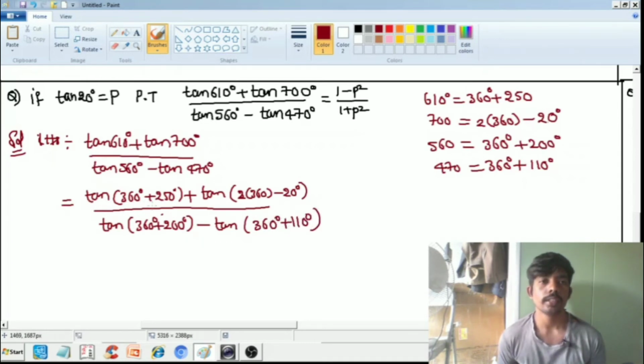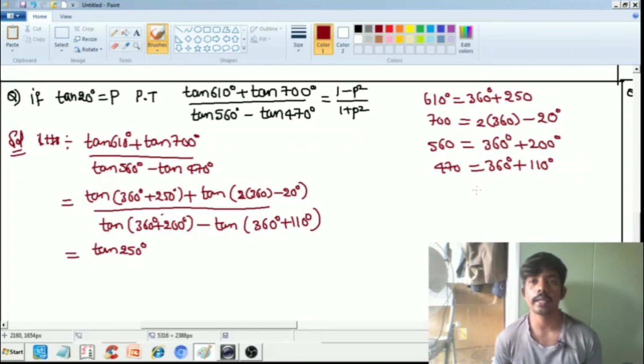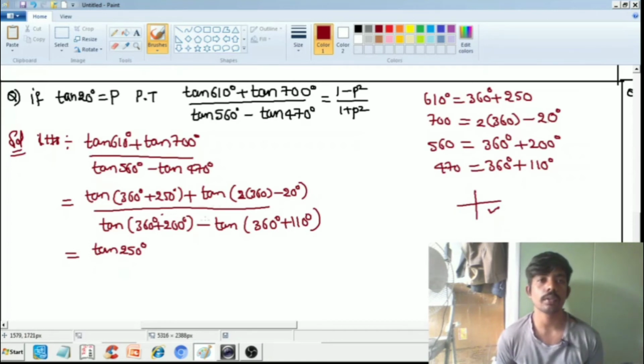Here 360 plus theta comes into the first quadrant, tan is positive, hence tan 250 degrees. 2 times 360 degrees minus theta comes into the fourth quadrant, tan is negative, hence minus tan 20 degrees, by tan 200 minus tan 110 degrees, both positive since 360 plus theta is in the first quadrant.